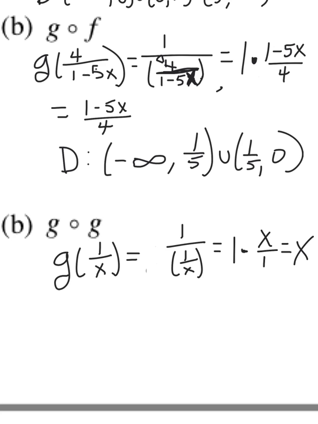Now in this case, my result could be x could be all real numbers. However, we still have to remember that the original g that we plugged in, x could not be 0. So that domain is still included. So we still have to state that x cannot be 0 in our domain.